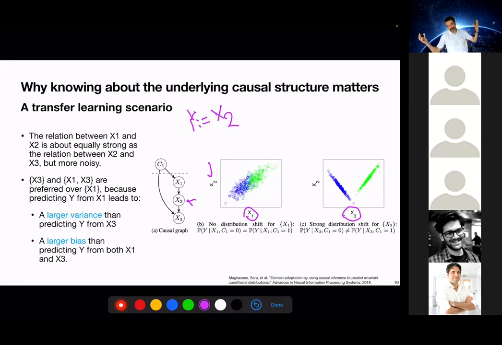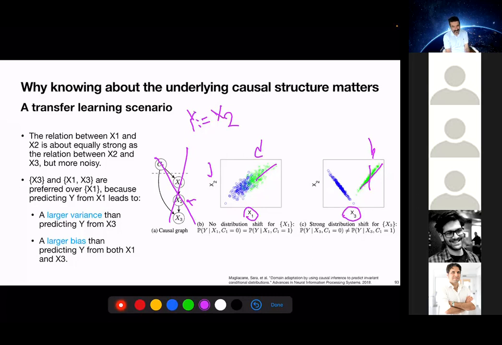Let's see what happened, right? Let's imagine, for now, ignore this structure. Let's imagine we only have this data. Again, by looking at the data, these green crosses, we see that both X1 and X3 are correlated with X2, right? But X3 is a much nicer predictor because it has less variance for predicting X2.